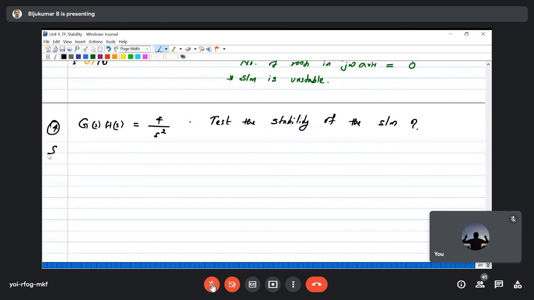So how will you find this? The question is, what is the characteristic equation for this?